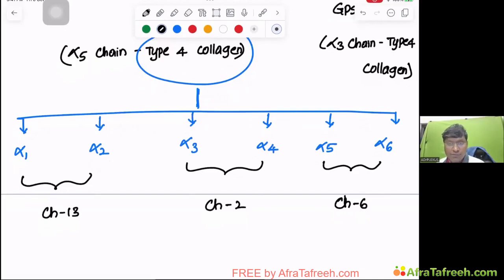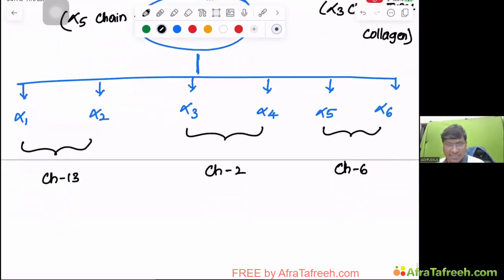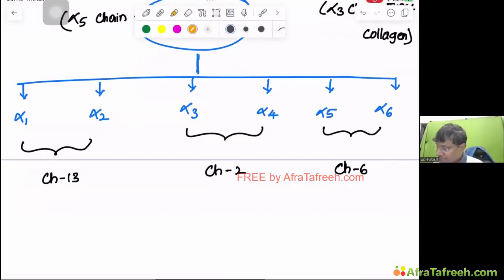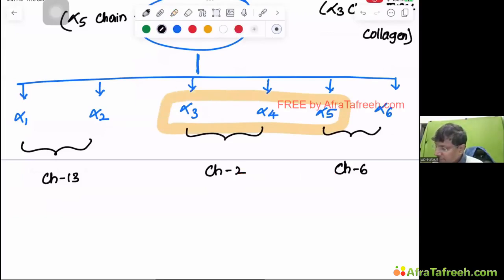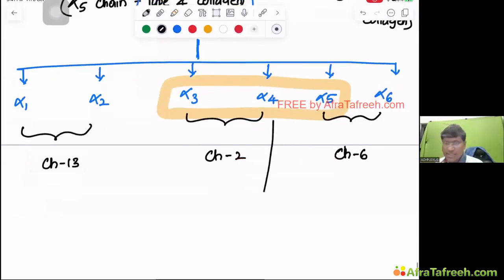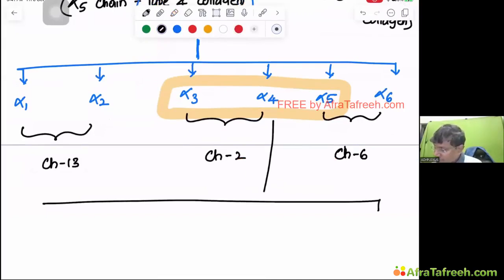Now, out of which you take the middle 3, that is alpha 3, alpha 4 and alpha 5. Where are they being distributed?